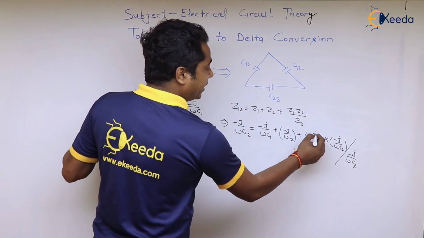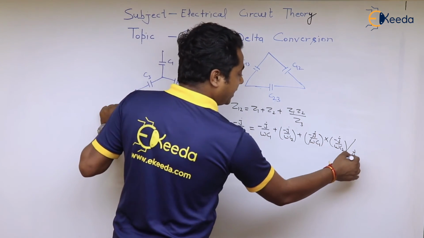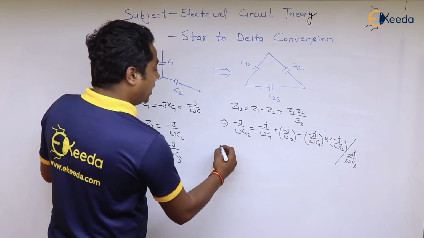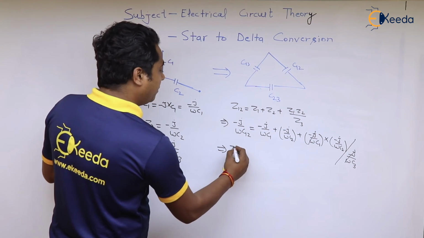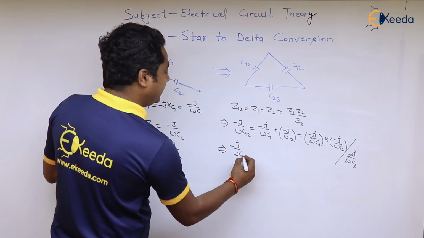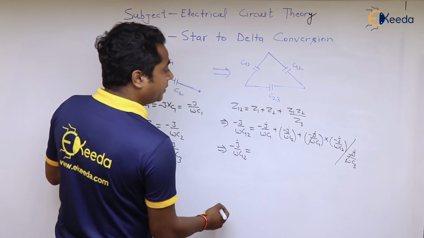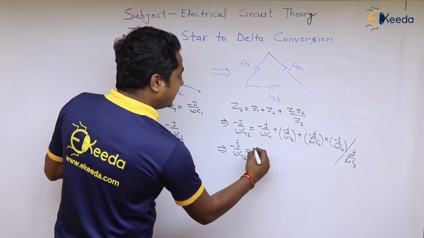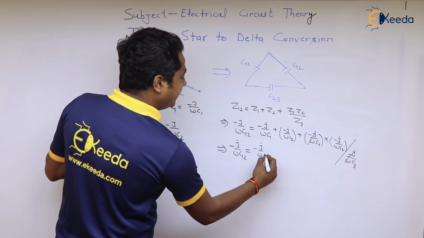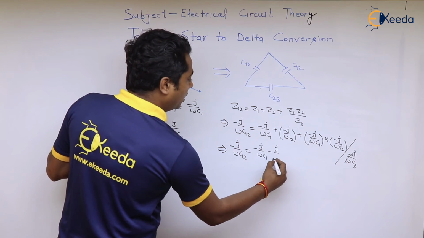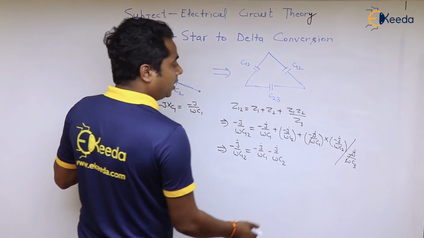Here we can cut minus J upon omega, as well as minus J upon omega C12 will be equal to minus J upon omega C1 minus J upon omega C2.